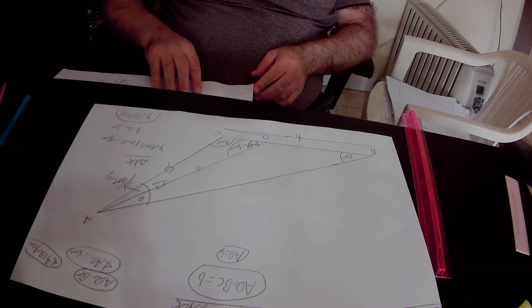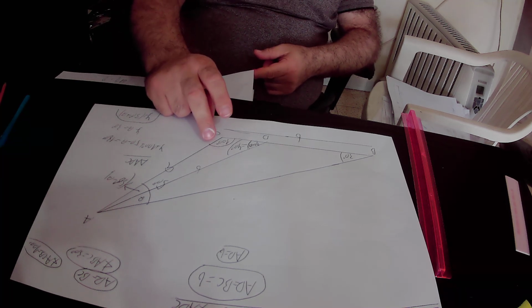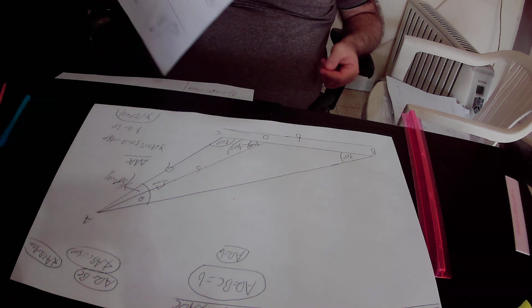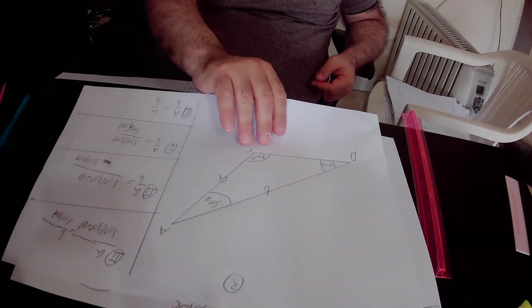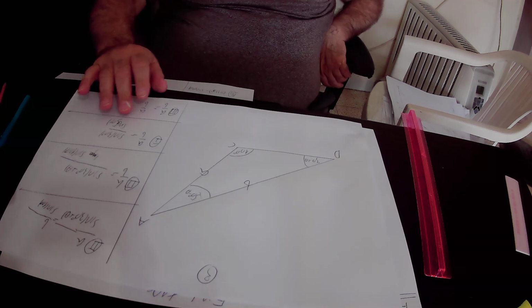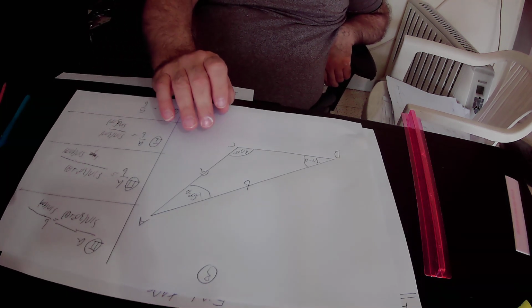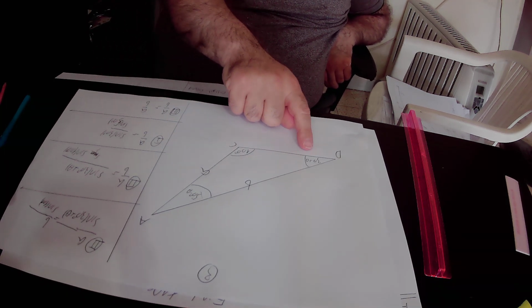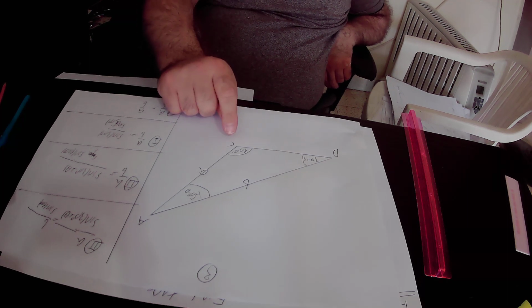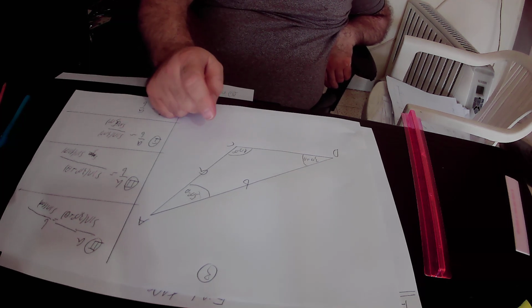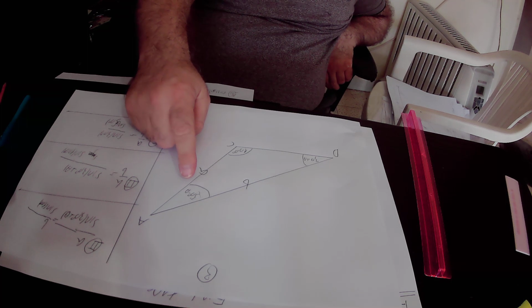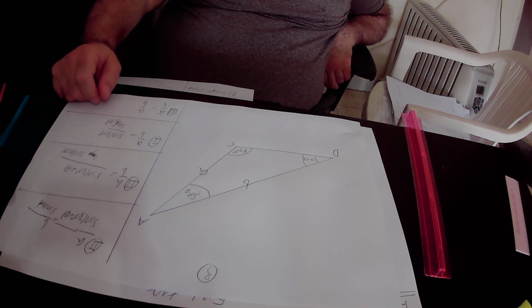Then I copied triangle ADC in a new page and we implemented the law of sines in this triangle. So this is triangle ADC that I copied in this page from the original drawing. We know that angle ADC equals 30 degrees plus theta, angle ACD equals 100 degrees, angle DAC equals 50 degrees minus theta.